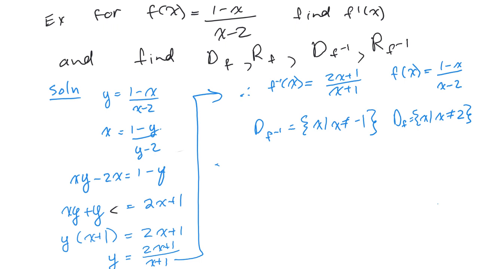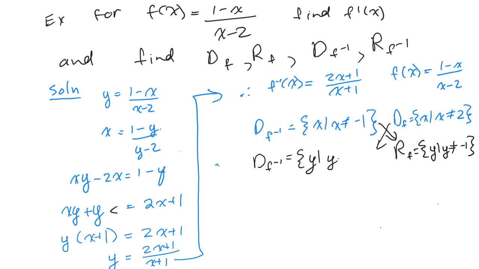And guess what? Our range for f is taken from here. So you get the range is y such that y is not equal to -1. And the range of our inverse is just taken from the domain of f, which is y such that y is not equal to, not -1, but 2. And we're done. That's it. There's our answer.